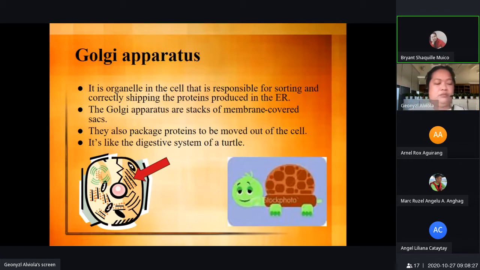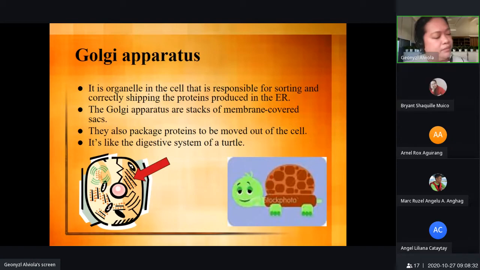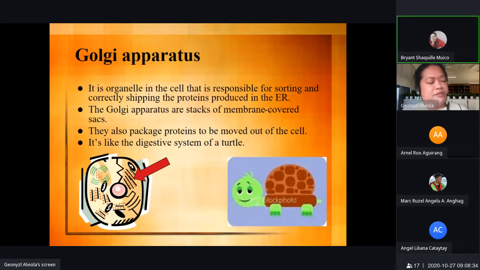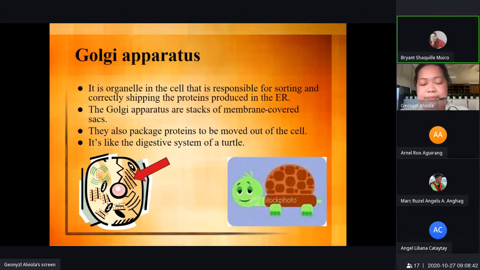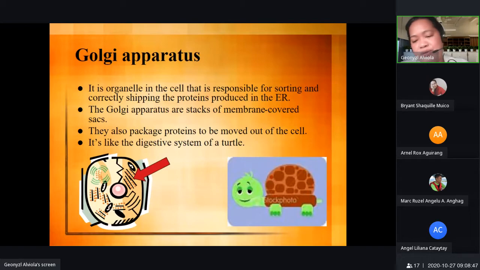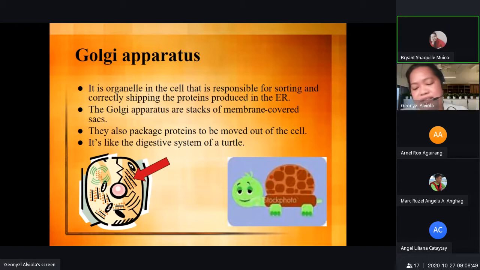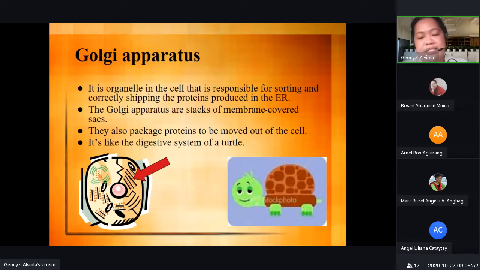I'm not so sure about my answer, but the rough endoplasmic reticulum synthesizes proteins. And how about the smooth? The smooth is for transportation. What does the smooth synthesize? Lipids. Okay. Lipids. So the smooth endoplasmic reticulum synthesizes lipids and the rough endoplasmic reticulum synthesizes proteins.